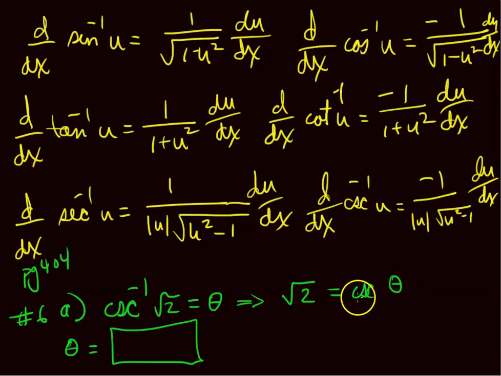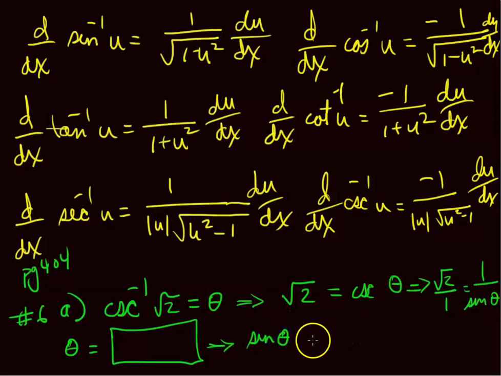The cosecant is just, let's see, square root of 2 over 1 is 1 over the sine of theta. Well, hold it. That means that the sine of theta, I'm going to switch sides, is equal to 1 over the square root of 2, or square root of 2 over 2.